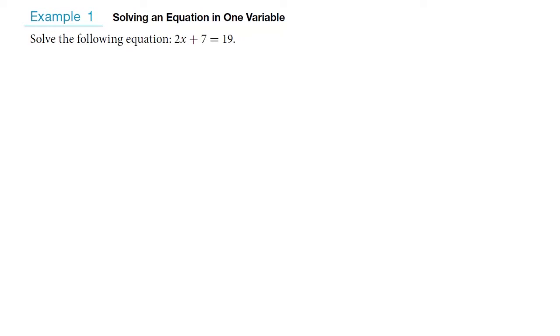Example 1, solve the following equation: 2x plus 7 equals 19. We want to isolate the variable, and the first step will be to subtract 7 from both sides, which will leave us with 2x equals 19 minus 7, that equals 12. So we subtracted 7 from both sides.